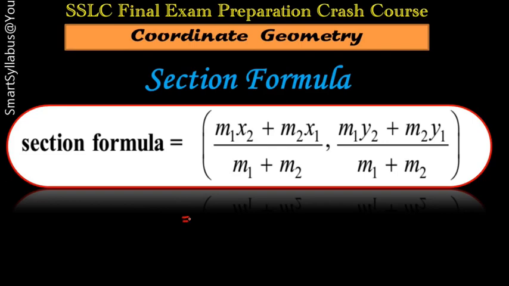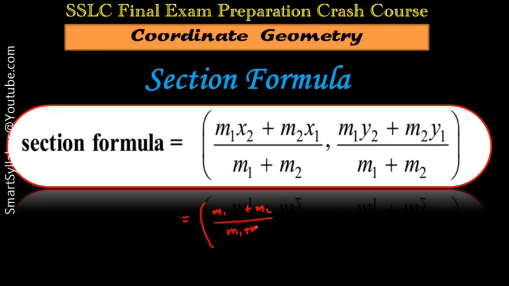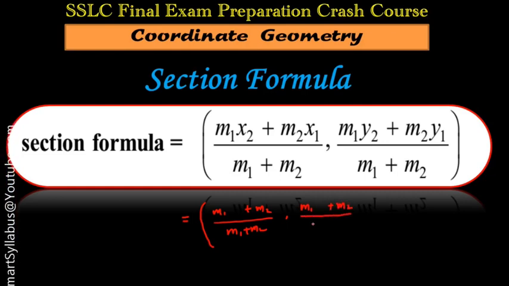So the section formula: first you write m1 plus m2 in the denominator, (m1 plus m2) the whole divided by (m1 plus m2), comma, the same way (m1 plus m2) the whole divided by (m1 plus m2).